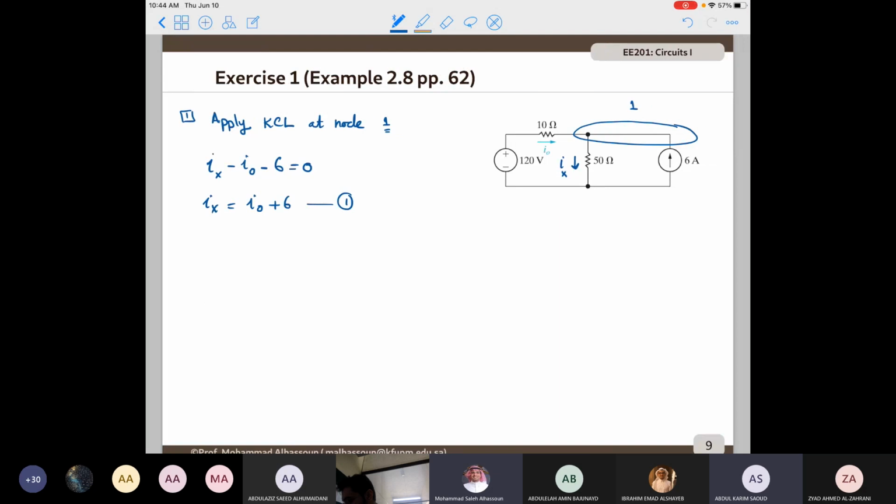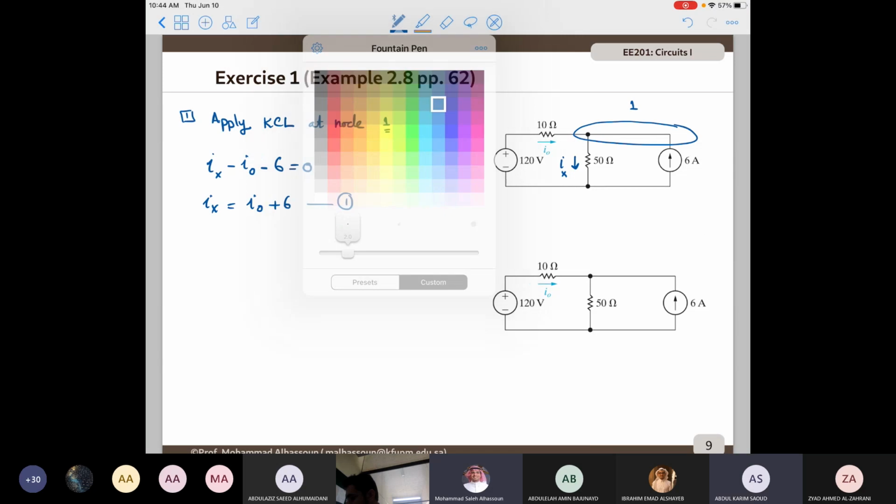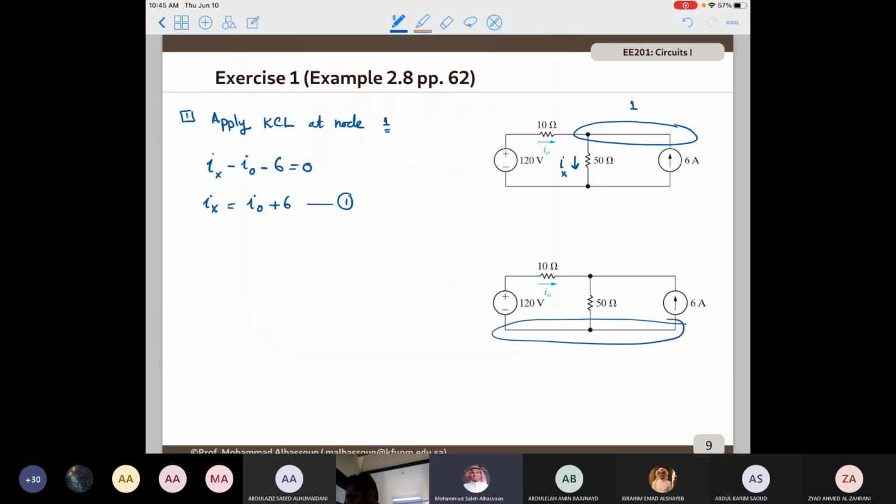Can I do that? You mean here? Yes. The thing is, you're going to end up with the same equation, so you will have a redundant number of equations.